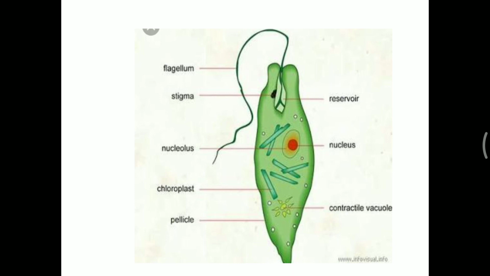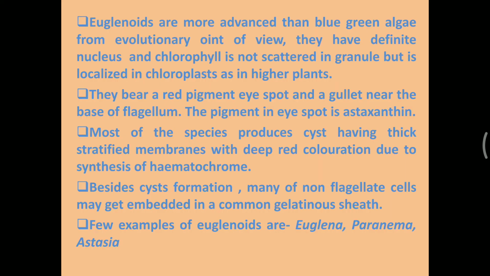It has not been shown over here, but there is presence of one more nucleus at times. So euglenoids are more advanced than blue-green algae from an evolutionary point of view. They have a definite nucleus and chlorophyll, and chlorophyll is not scattered in granules but is localized in the chloroplast as in higher plants. They bear a red pigment known as the eye spot, and a gullet near the base of the flagellum.